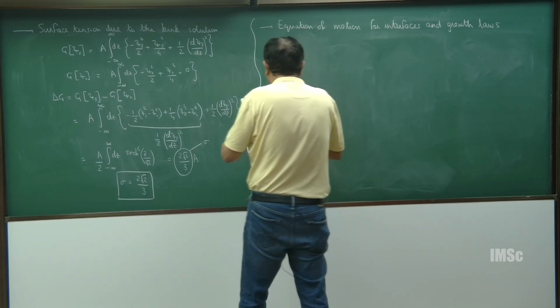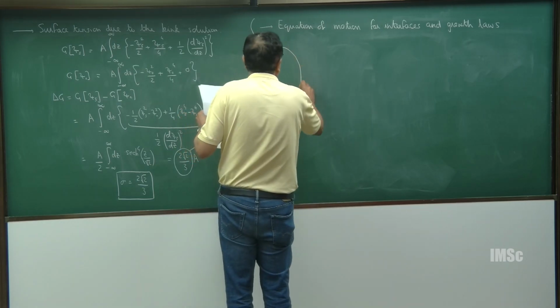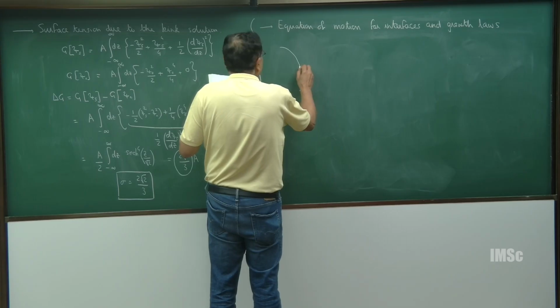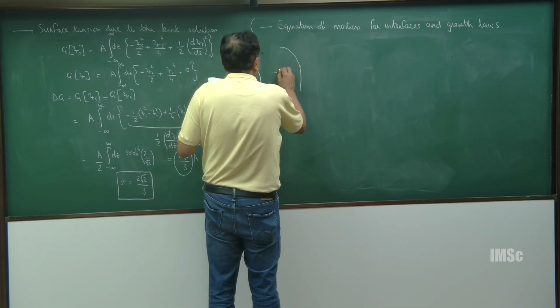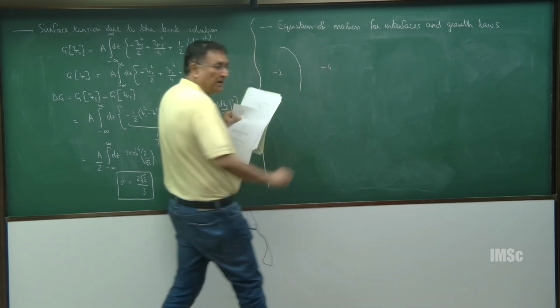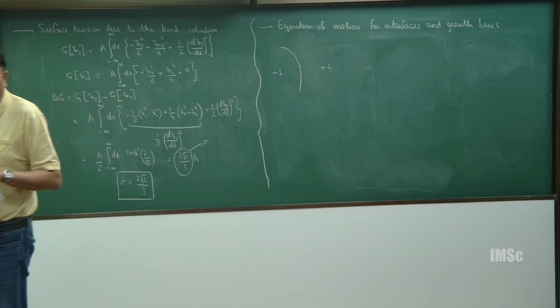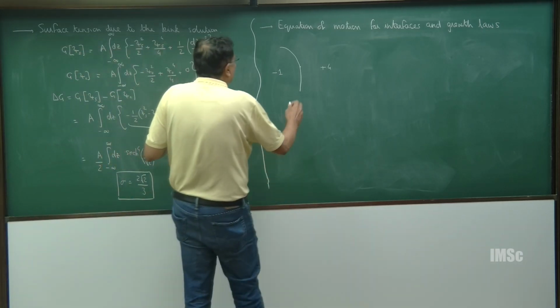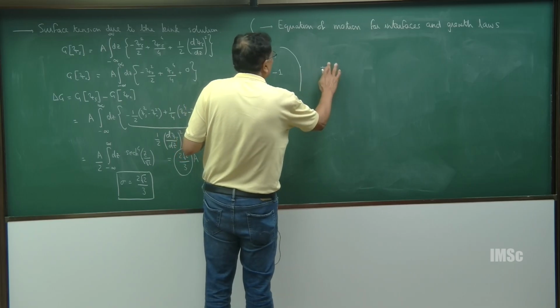Let me draw a scheme, let us look at a typical curved interface between a phase -1 and a phase +1. Obviously, a curved interface is not going to be just a simple kink solution, it is going to be a little more complicated than that.